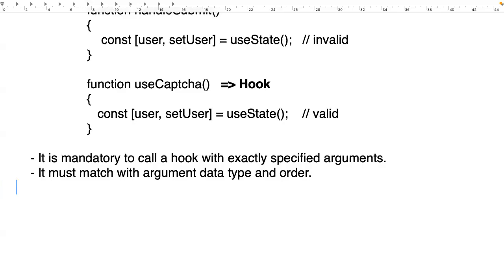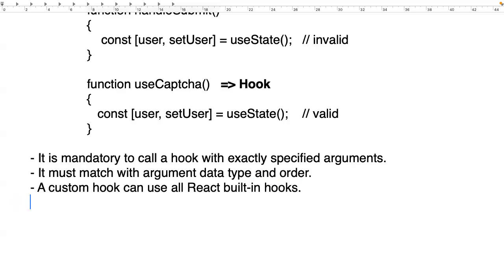And important, a custom hook can use React hooks. A custom hook can use all React built-in hooks. That means in a hook, if we want to access data, then you can use Axios in it.